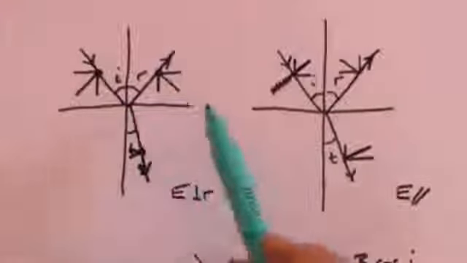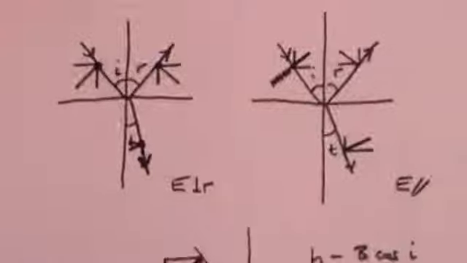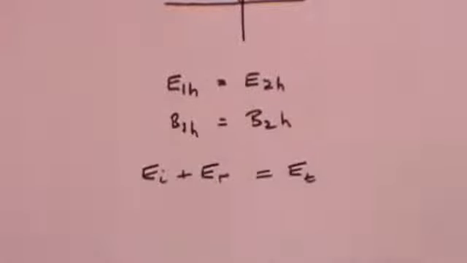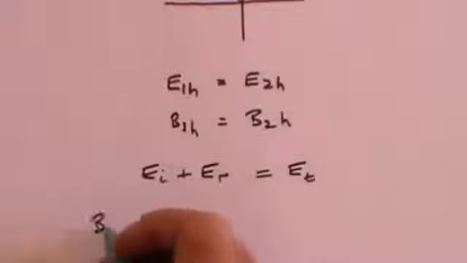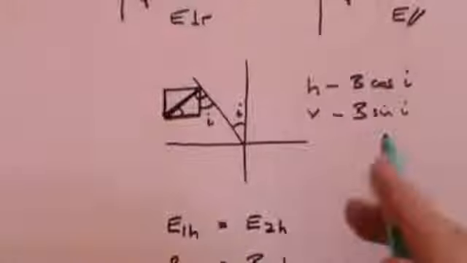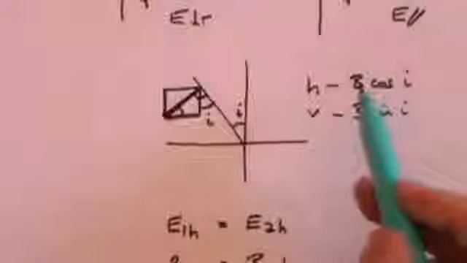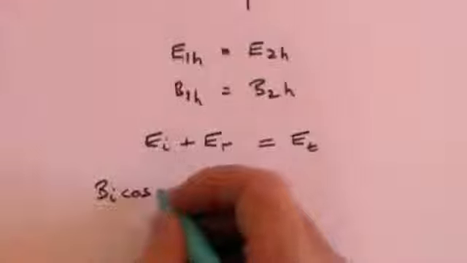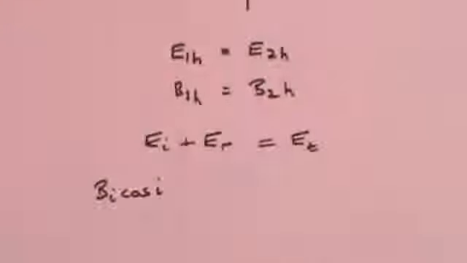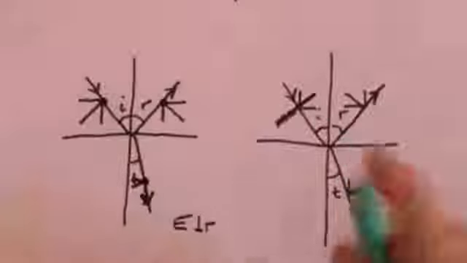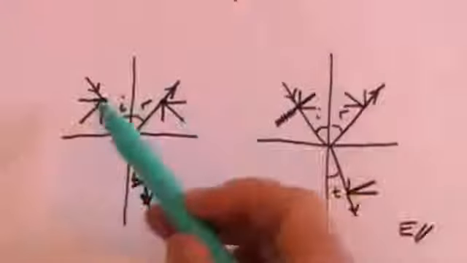They are also parallel to this boundary, so they will also transmit across. Now, what are they? Well, we've got the incident B field. Don't forget we established that the horizontal component is the B field times the cosine of the angle. So this will be BI, the incident B field, times the cosine of the angle I. Then you will have to take minus the reflected B field because it's in the opposite direction.